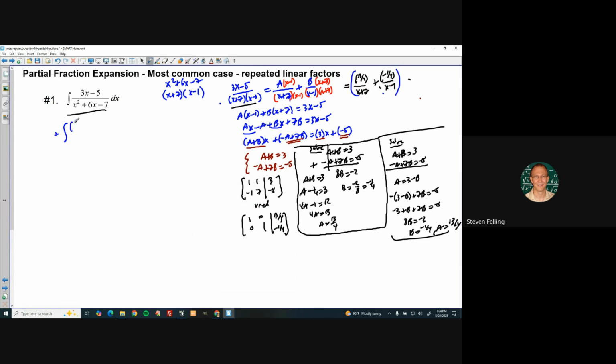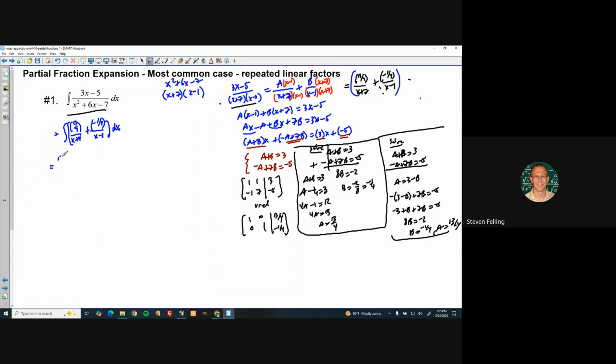So it is 13/4 over x plus 7, plus negative 1/4 over x minus 1. And that allows me to split this into 2 integrals.